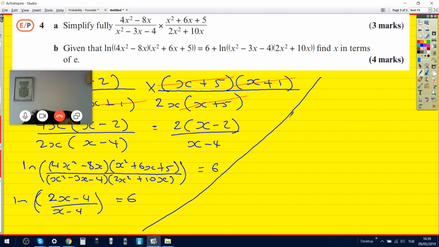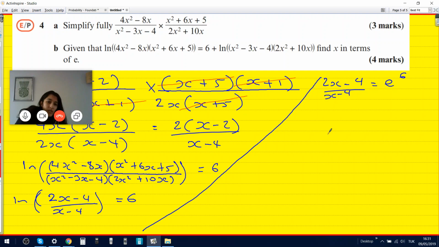So then do you just put e in then? Yep. So 2x minus 4 over x minus 4 equals e to the 6.